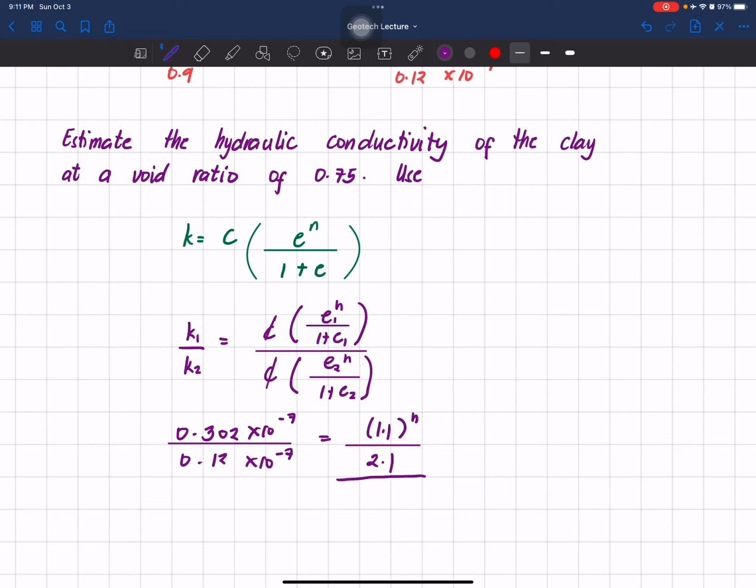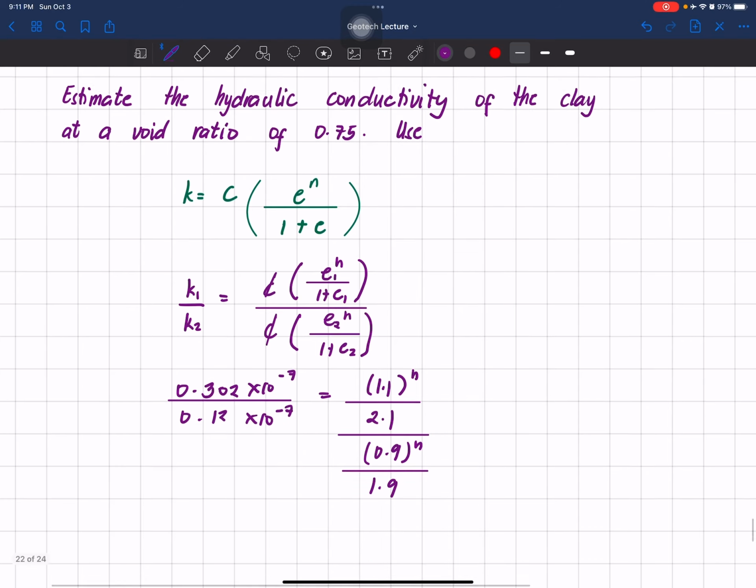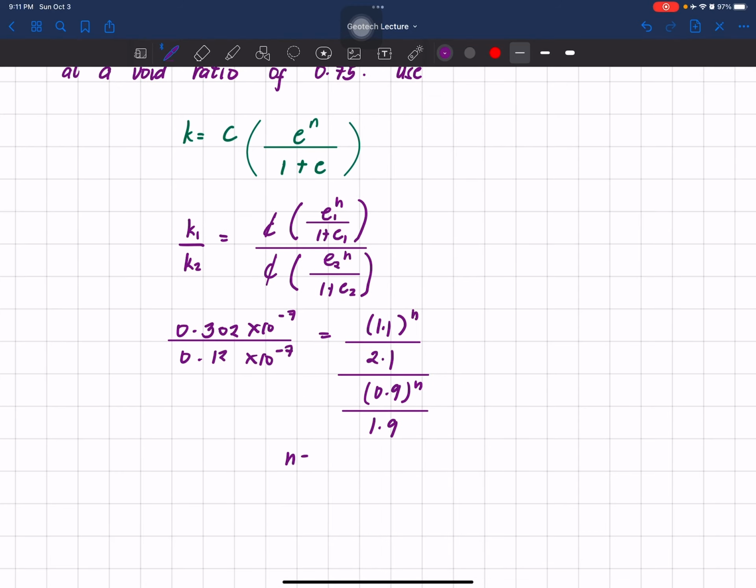All over 0.9 raised to N all over 1.9. Okay. So, using your calculator, ano magiging value ng N natin? Okay. So, the value of N is approximately 5.1. So, yun yung value ng N natin.